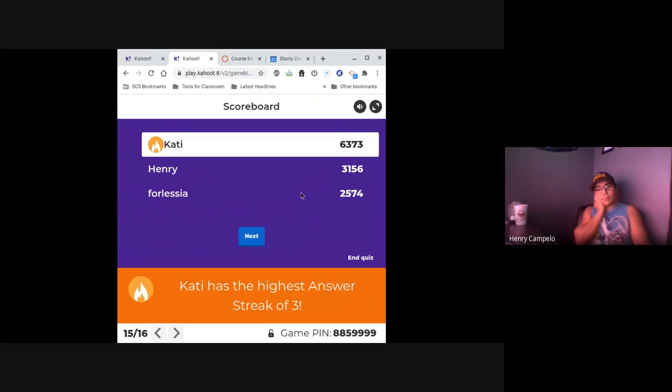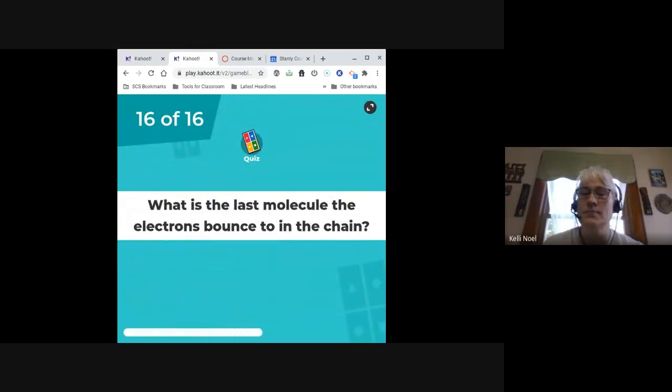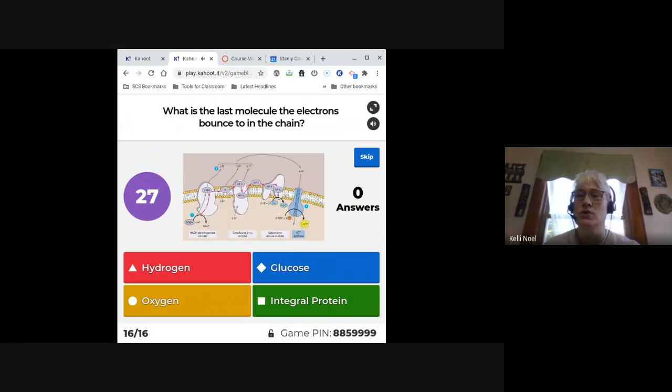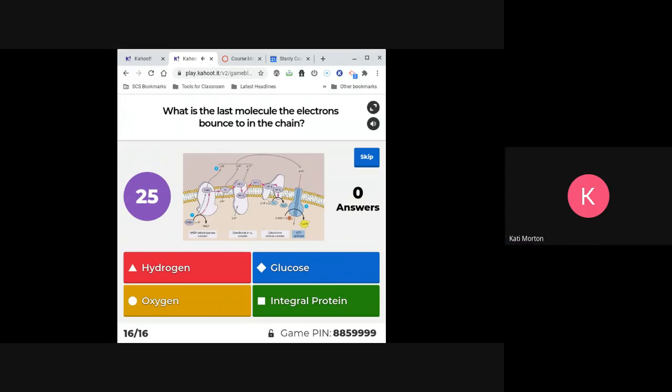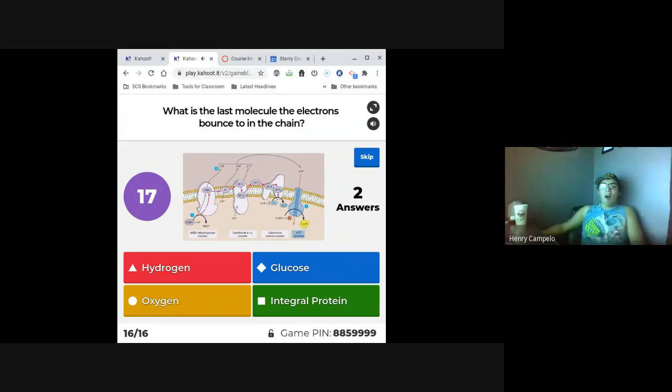What is the last molecule that electrons bounce to in the chain? It's going to make something that we need to drink to live. Oxygen.